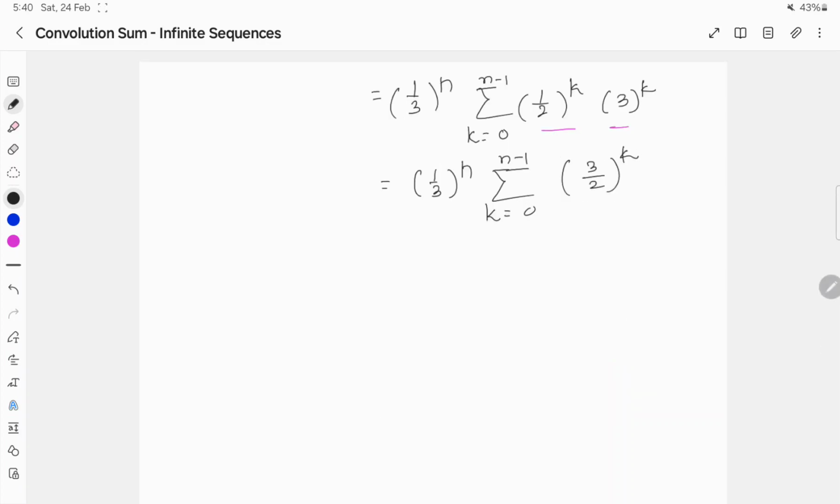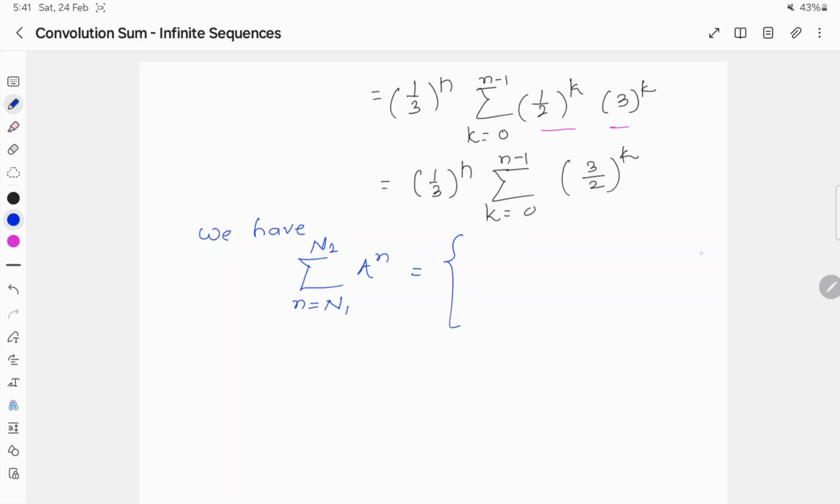To solve this particular summation, we have a summation identity: summation, let's say n equal to n1 to n2, a raised to n. This identity is represented in two parts.